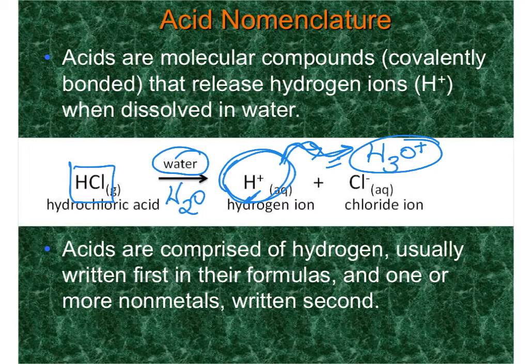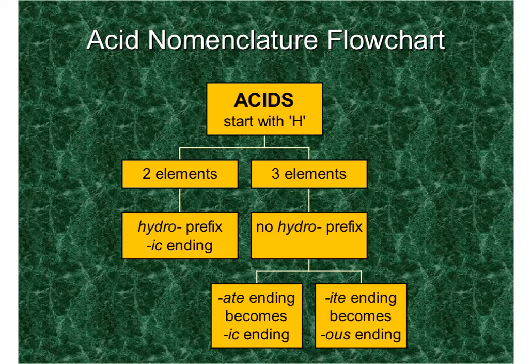Typically, you can identify an acid easily by its formula because the first element in the formula is usually hydrogen. Just as there were several different types of ionic compounds, there are two main categories of acids. One is a binary acid, and again, that's just one made up of only two different elements, and that would be something like HCl.